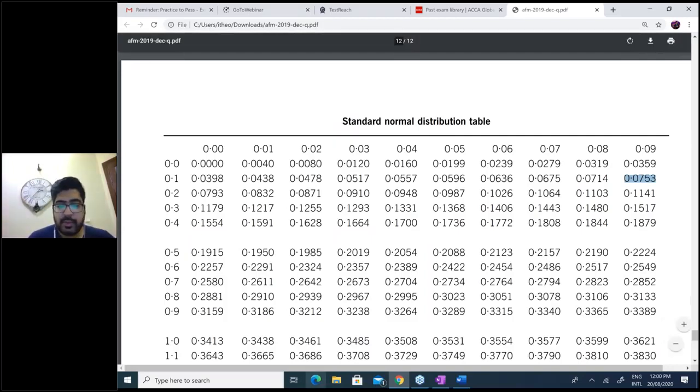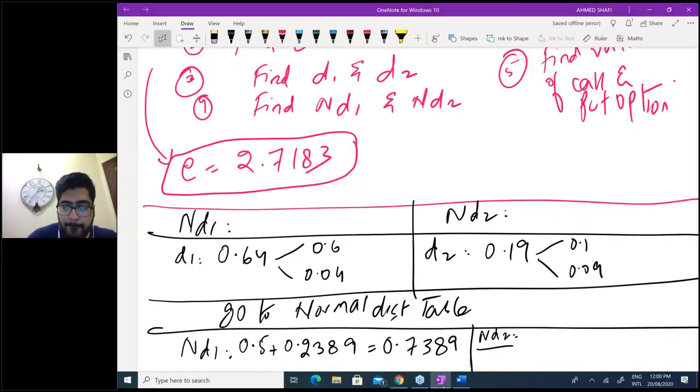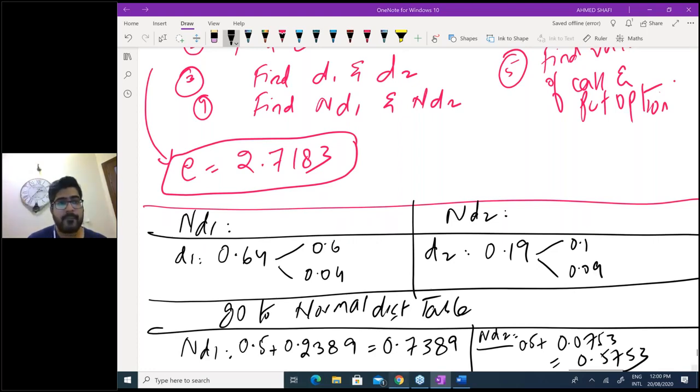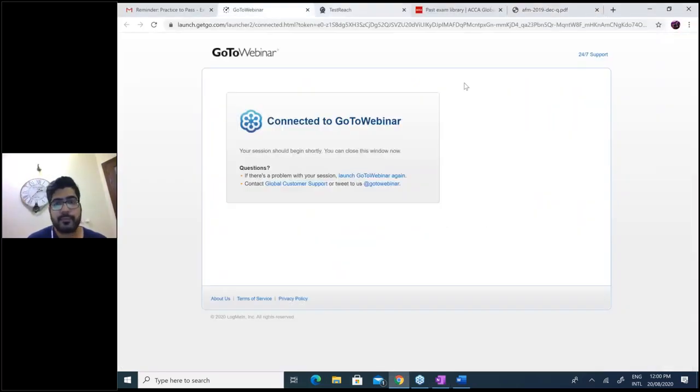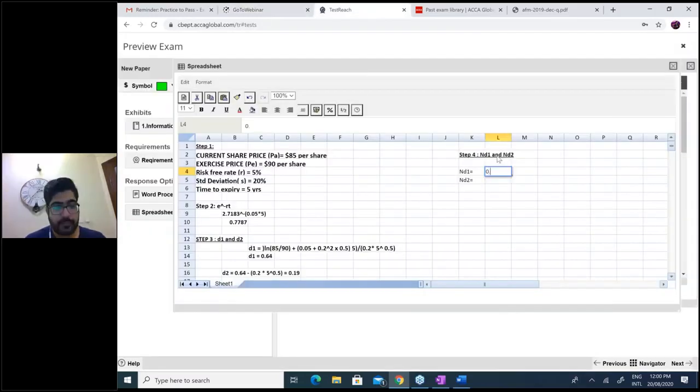So note 0.0753. And since this was positive, add 0.5 to the relevant number, 0.5753. Okay, so ND1 is 0.7389. I will enter it here. And this is 0.5753.